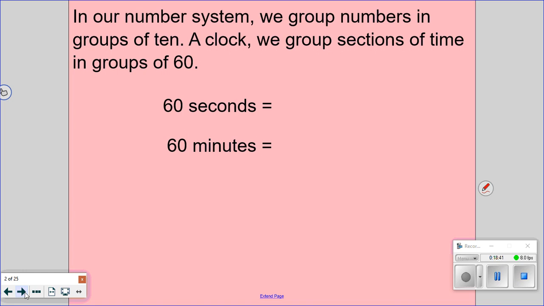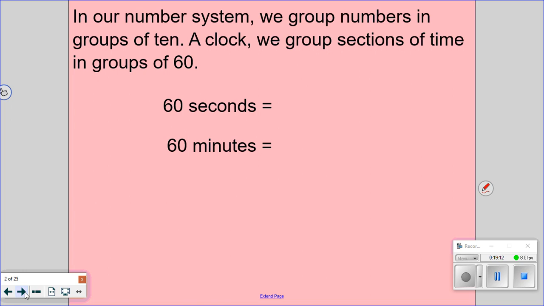So, one rotation, my little black skinny hand, I'm calling it a hand, it's a line on the clock. It takes 60 seconds to start at that 12 and go all the way around. That trip is worth how much time? Callie? 1 minute.